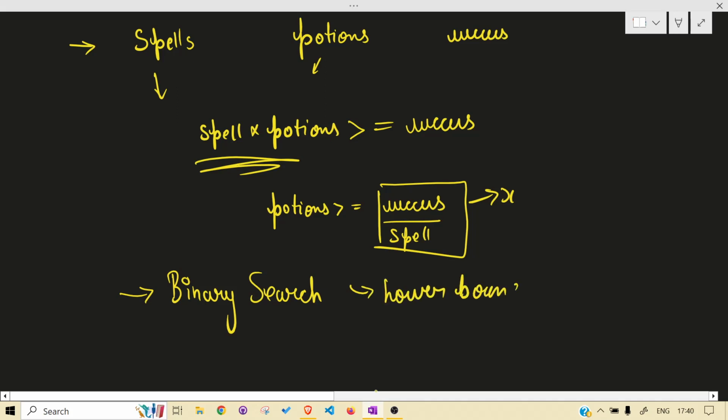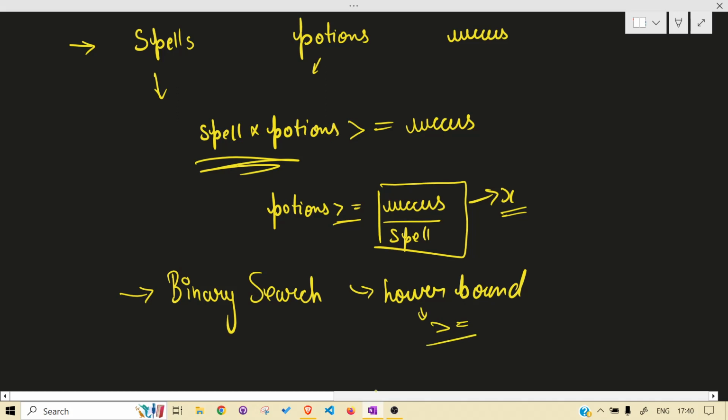If you read about lower bound, it returns the iterator to the value which is greater than or equal to the value which we are finding. Let me again repeat it. It will return the iterator to the value which is greater than or equal to the value which we are finding. Over here we are finding x.